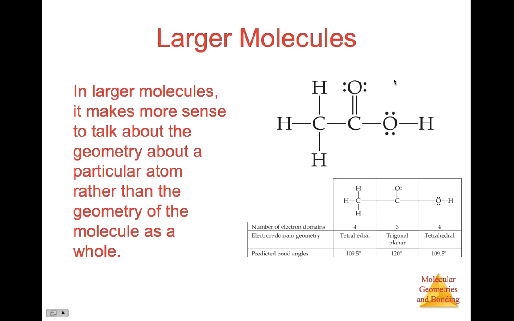About this oxygen atom right here, there are 2 bonded domains, here and here, 2 non-bonded domains, one on the top, one on the bottom, and so it would be a bent shape for the actual shape of that portion of the molecule.